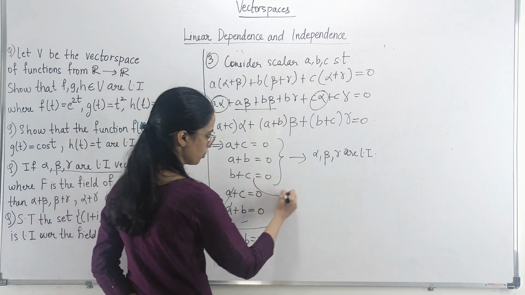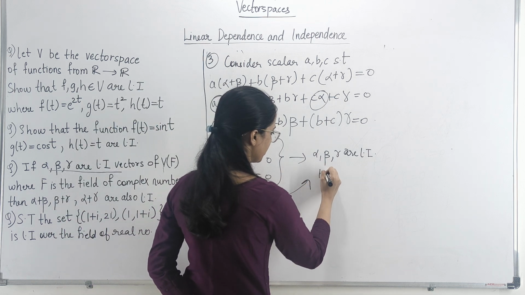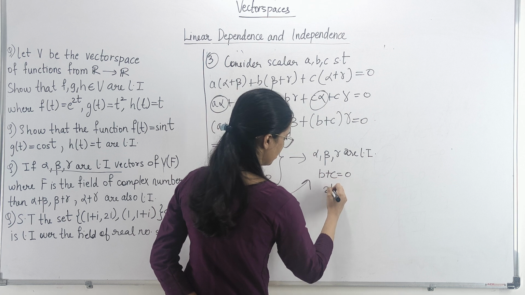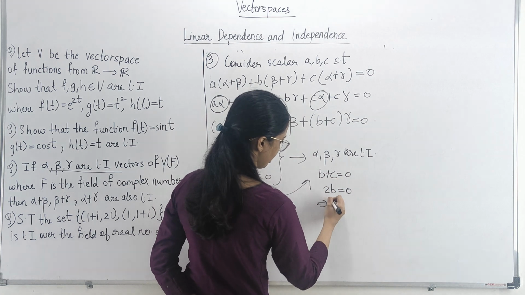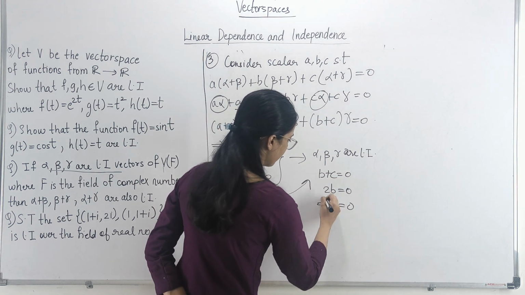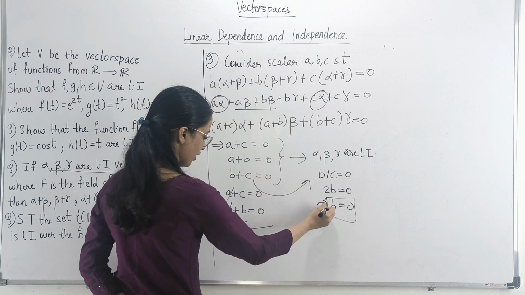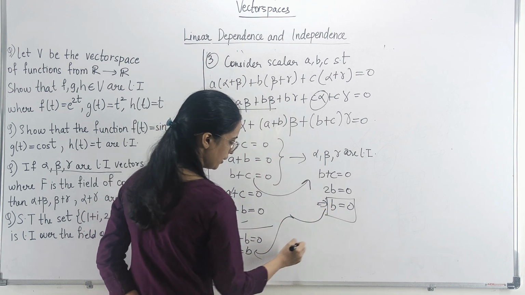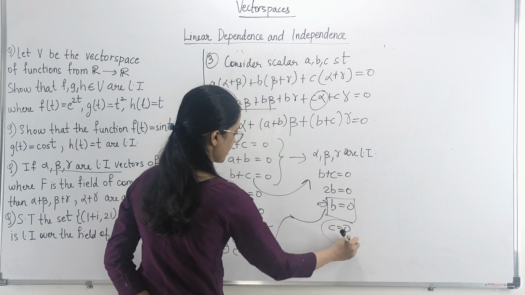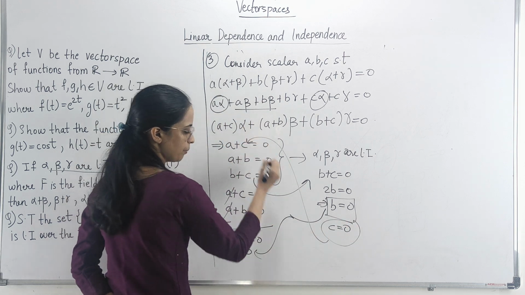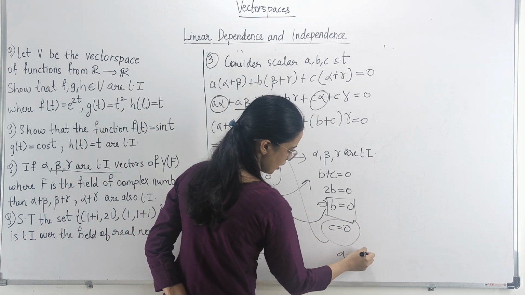If your c is equals to b, इसका मतलब ये वाला जो equation है ये बन जाएगा 2b equals to 0, which implies your b is 0. And if your b is 0, फिर से if you see your c would be equal to 0. और अगर आपका c 0 है तो इस equation में put करके we get a as 0.